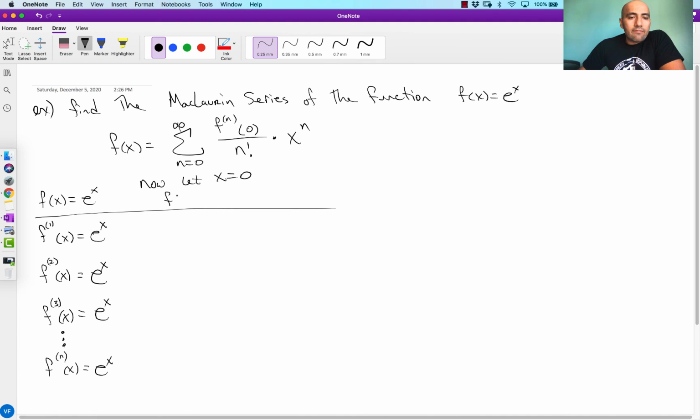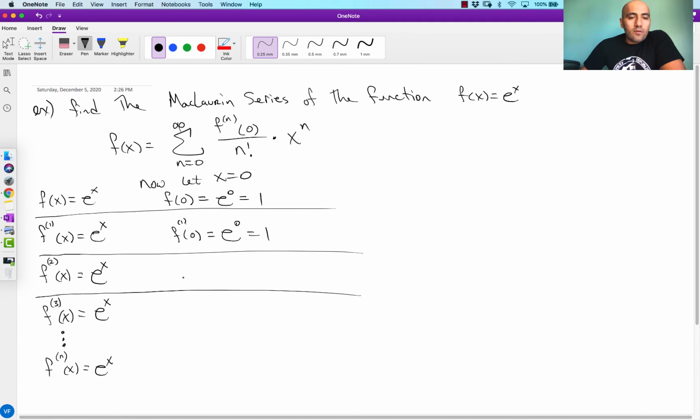So then f of 0 is going to be e to the 0, which equals 1. And the first derivative, evaluated at 0, is e to the 0 as well. That's just equal to 1. And then the second derivative, evaluated at 0, well, that's just e to the 0. That also equals 1.